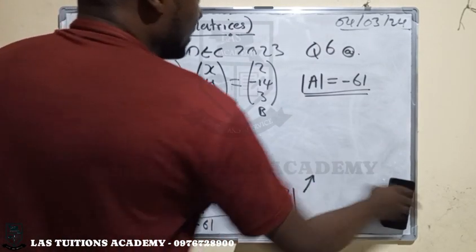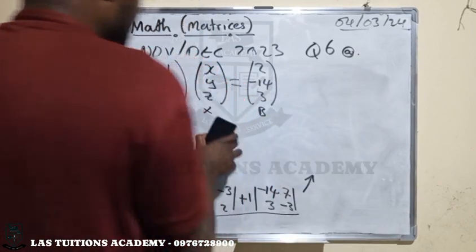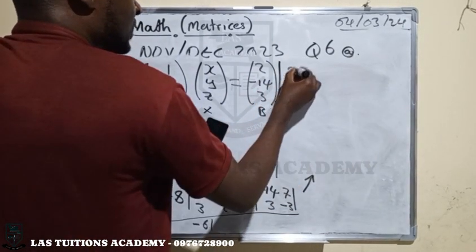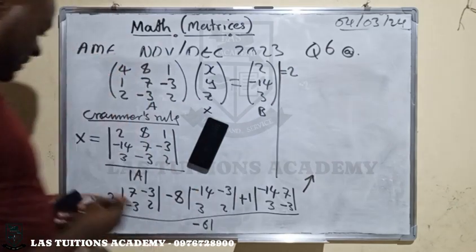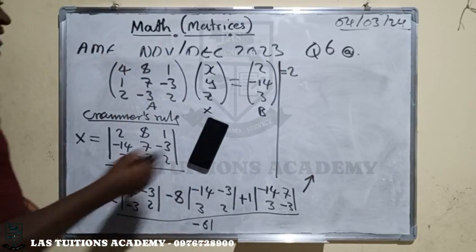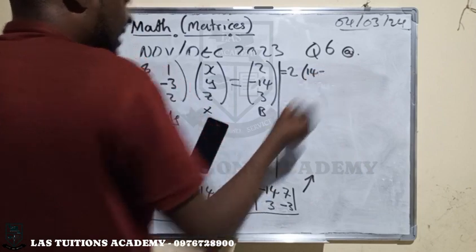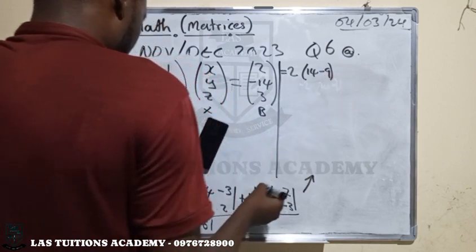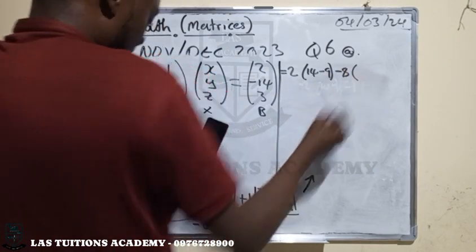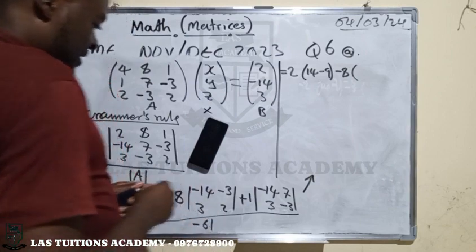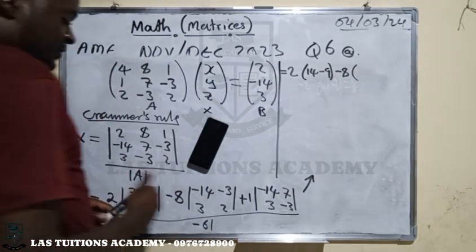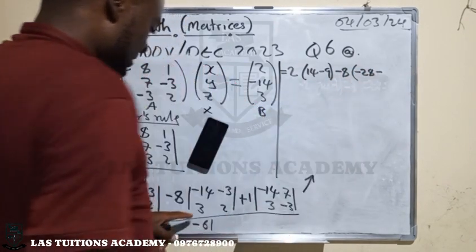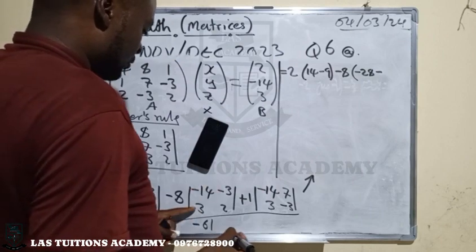From here we have a 2 here. Then 7 times 2, that's 14, minus negative 3 times negative 3, that's 9, so minus 9. Then we have minus 8. Then negative 14 times 2 would be negative 28, minus 3 times negative 3, that would be negative 9.